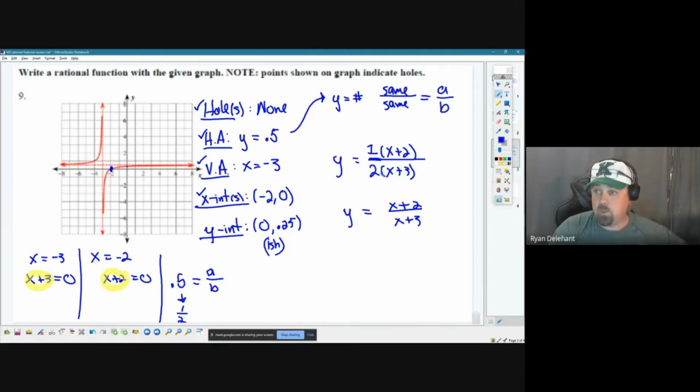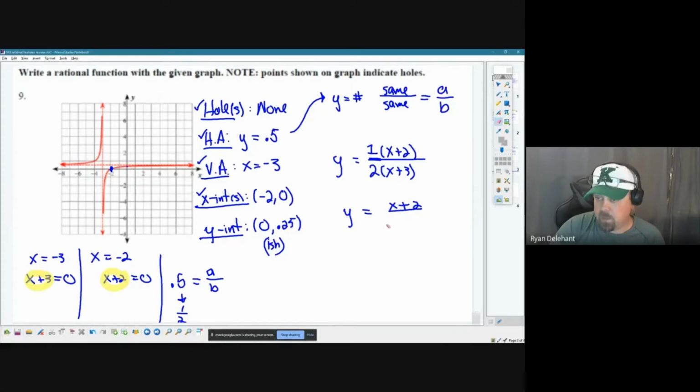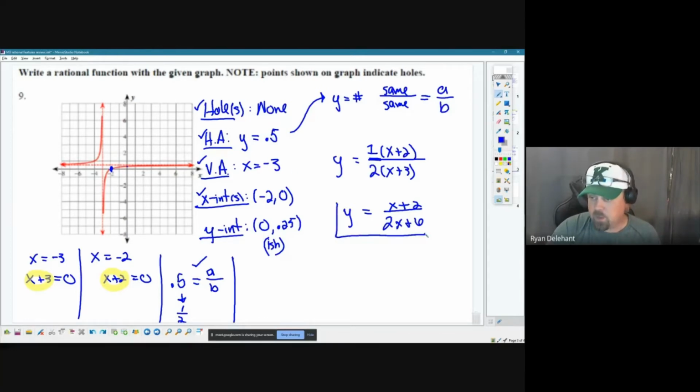So what that'll change when I look down at my answer, now when I multiply it out, this isn't going to be x plus 3 on the bottom. It's going to be 2x plus 6. That's still a 1. That's a 2. That's going to give me the 1/2 that I wanted, not the y-intercept, but the number for the horizontal asymptote to come out. So that should be our equation.